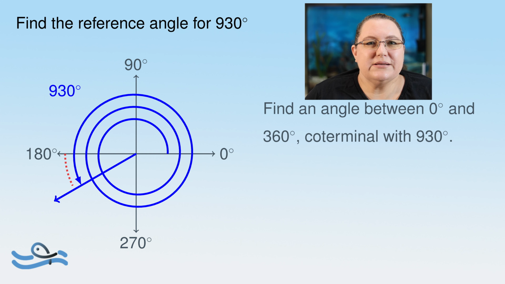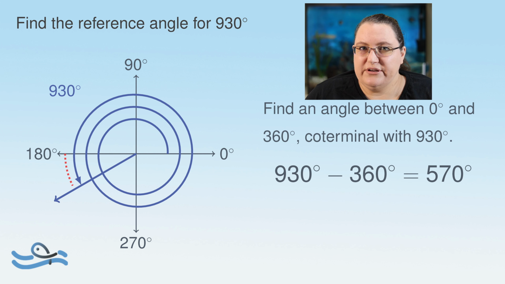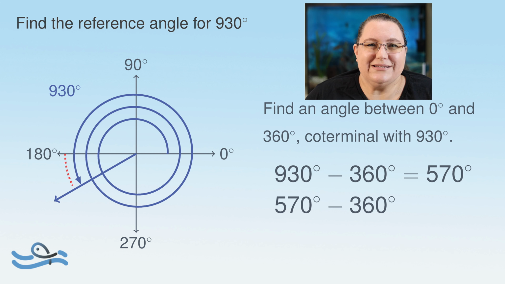To do that, we're going to subtract away 360 degrees until we get an angle that's between 0 and 360 degrees. Starting with 930 degrees, we subtract 360 degrees and get 570 degrees. But 570 degrees is still too big, so we have to do it again. 570 degrees minus 360 degrees is 210 degrees.